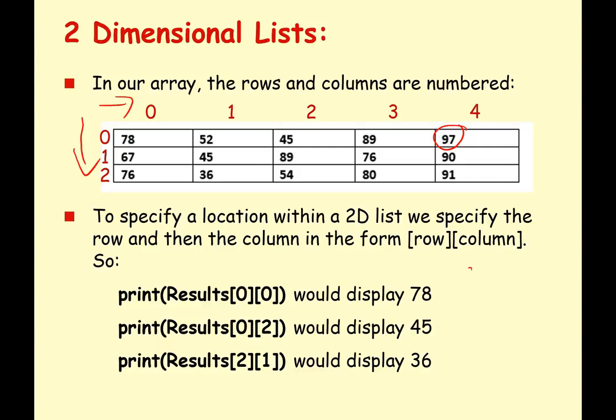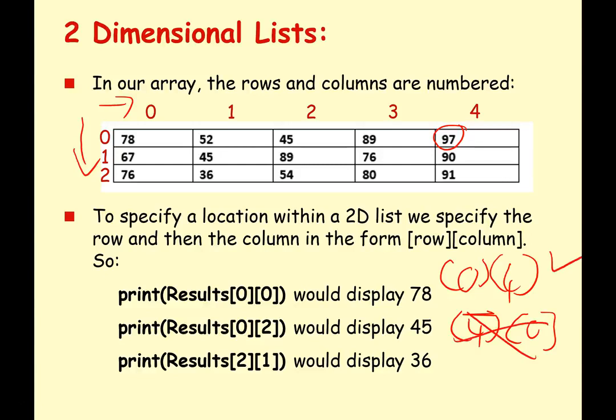Well, I need to print position 0, position 4, because it's row 0, column 4. But I might say 4 and then 0. And that's going to crash because it's going to go row 0, row 1, row 2. There is no row 4. It's not going to understand you. So make sure you get the numbers the right way around. So that doesn't work. This does.